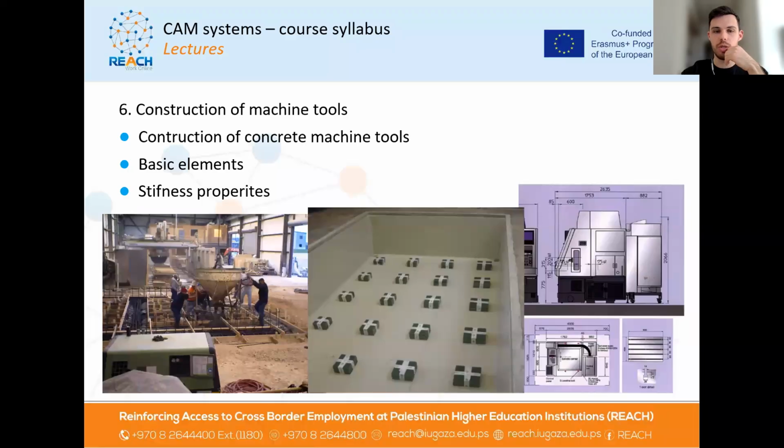This ground should not be connected with the other ground in the facility, in order not to transfer vibrations from the surroundings into the machine, which is already correlated to the machine tool load that I mentioned, with the cutting forces, with the vibrations, and so on.